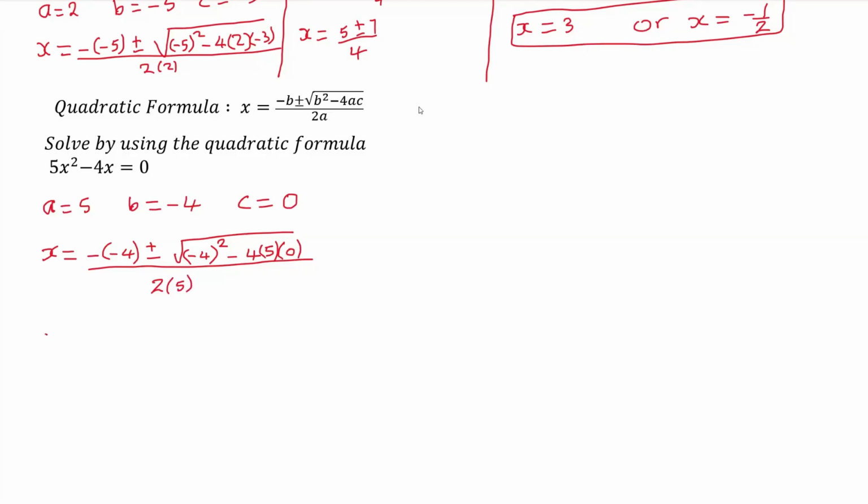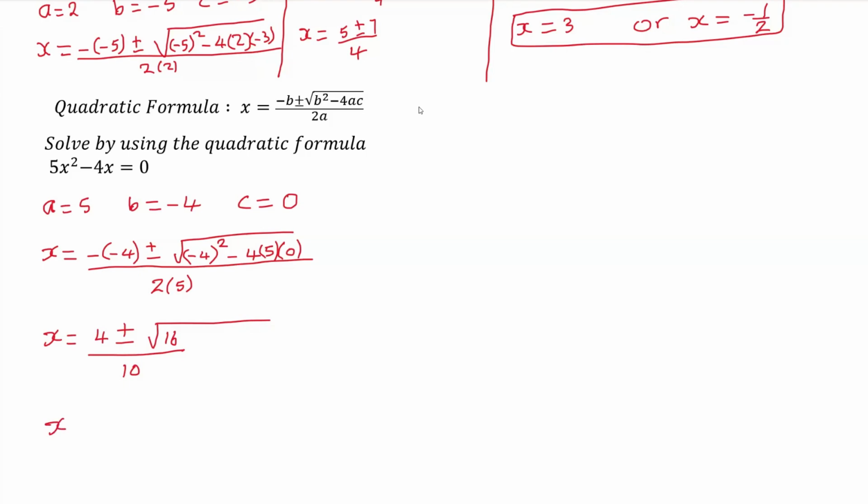All right, so if we simplify this further, we get double negative becomes positive, so 4 plus or minus the square root of negative 4 squared, which is 16. And then you multiply by 0, so that part is going to go to 0. So 16 minus 0 is just 16, all over 10.